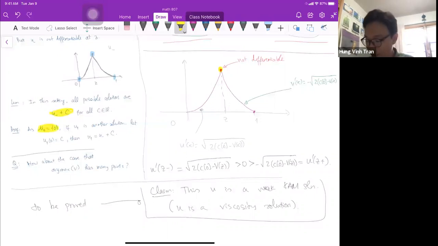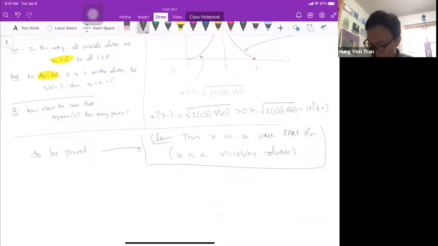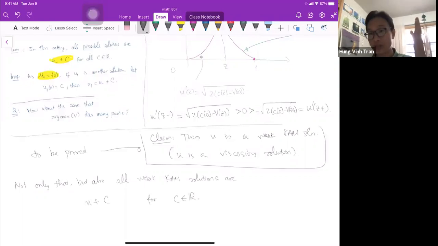So not only that, but also all weak KM solutions are, in this case, u plus c, for c being just a shifted constant.